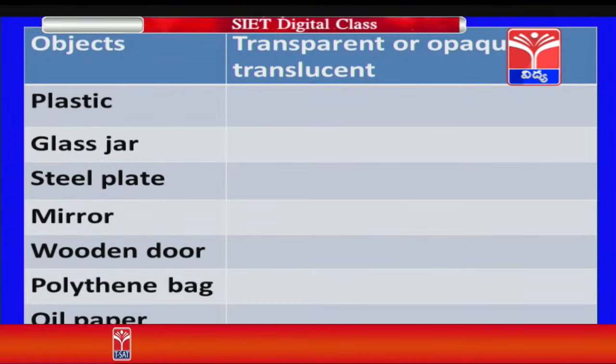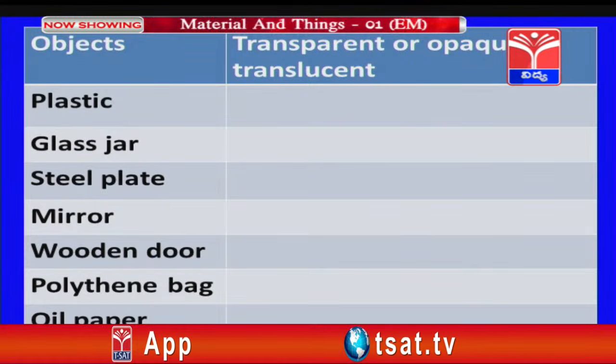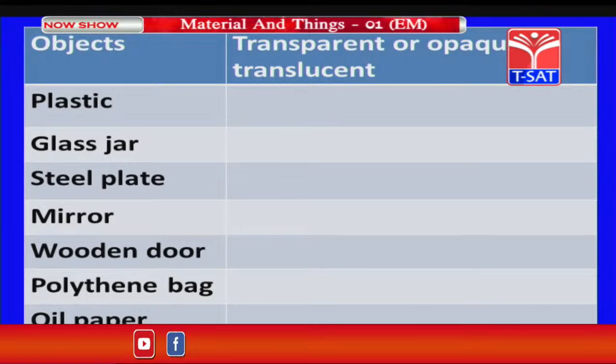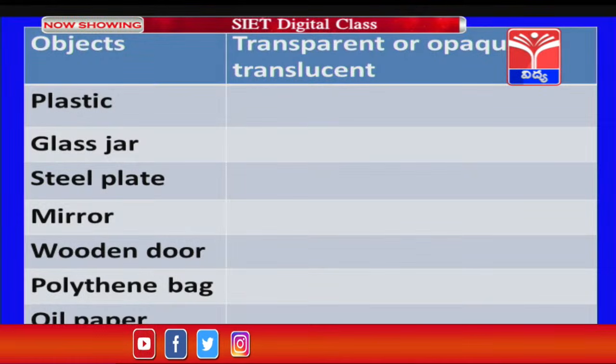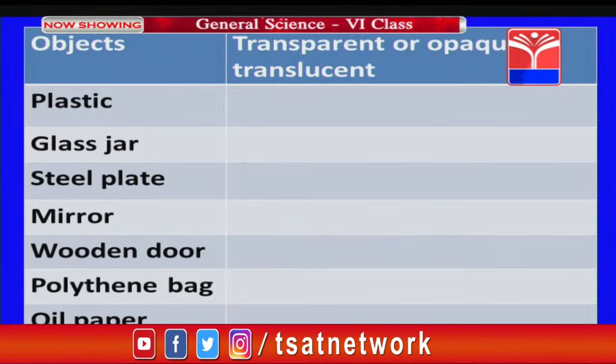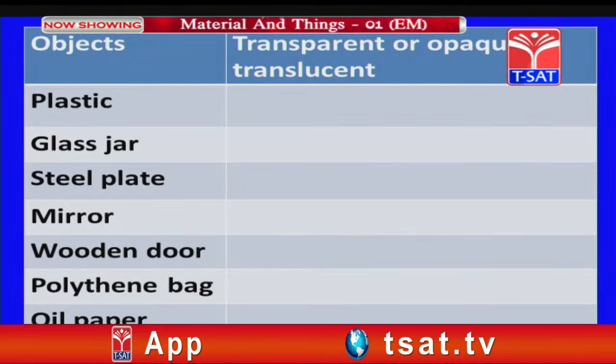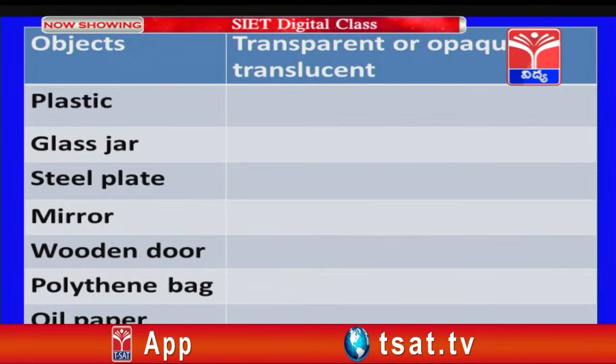Now, glass jar, as we said, if it is clear, it is a transparent material. Look at the steel plate, it is an opaque material. Mirror, children, mirror is also not allowing us to see the other side, so it is also an opaque material. Wooden door, children, it is an opaque material.